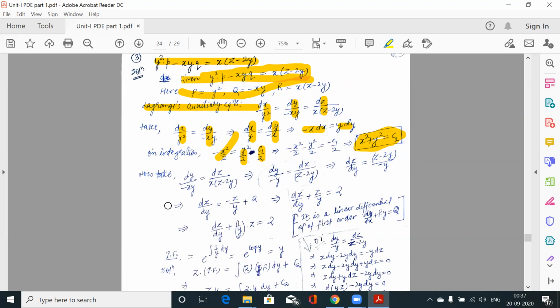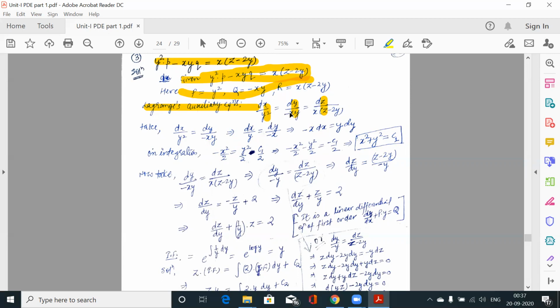Now about the second. Now what is the possibility? We have two possibilities left: first with third and second with third. If we take first with third, then what would be the problem?